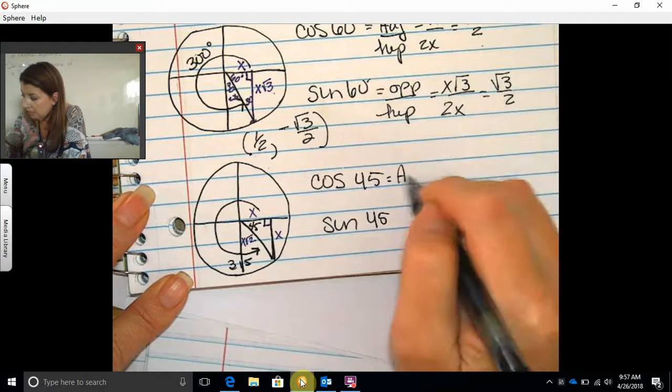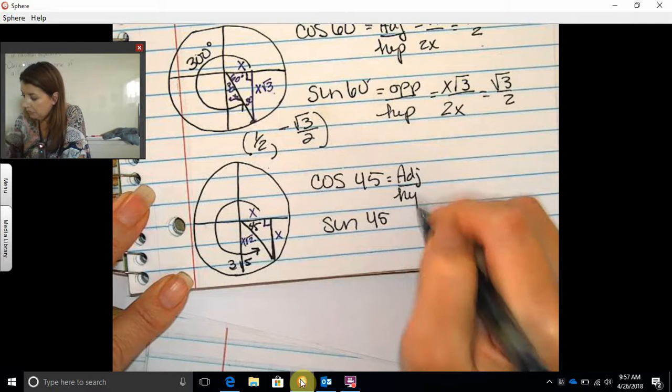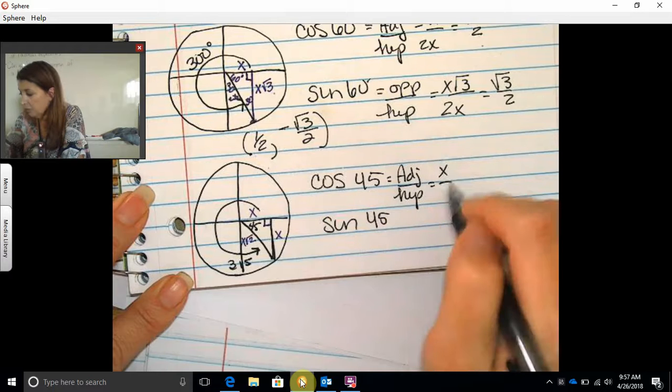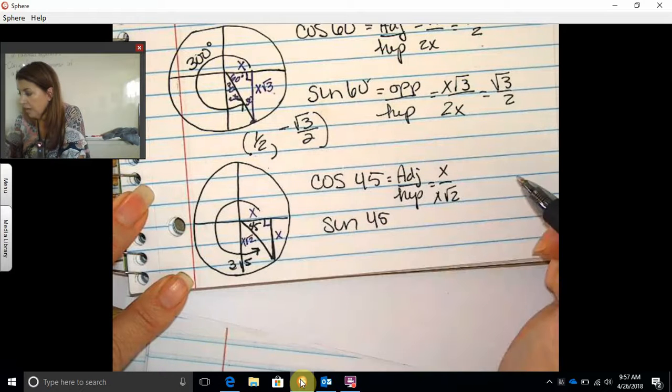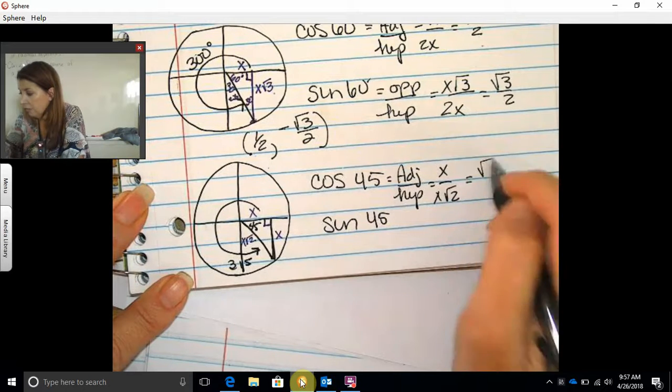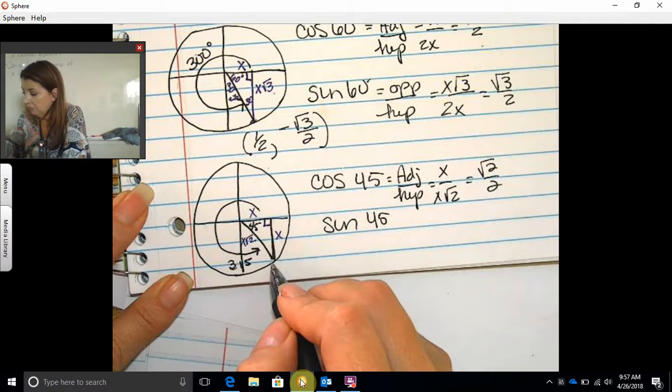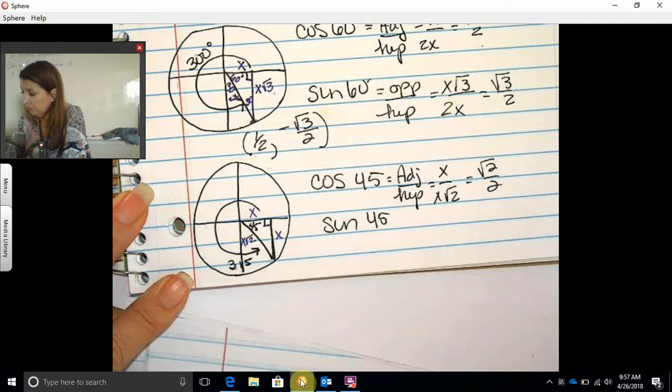Cosine, adjacent over hypotenuse. Adjacent would be x over x square root 2. We've already done the math on that, and we know it's the square root of 2 over 2. And the x's are positive over here in quadrant 4.